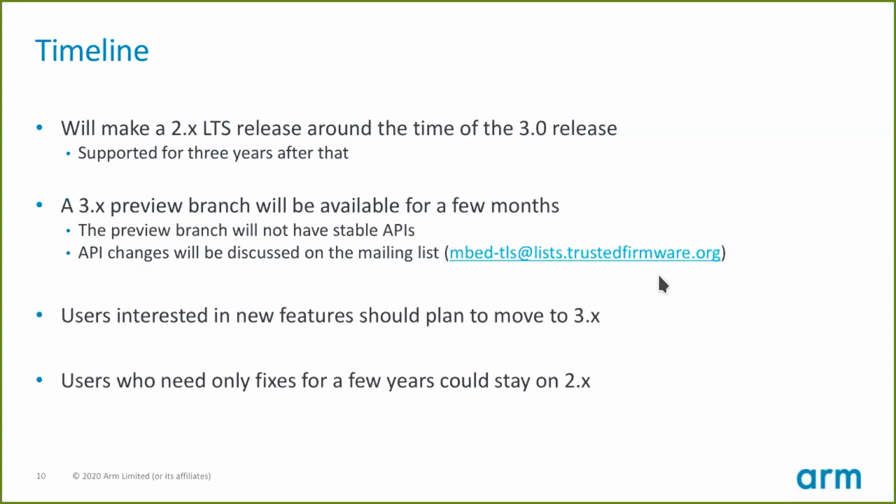When, well, Shebu has already more or less answered this. Sometime in 2021, around Q2 2021, we want to make a 3.x preview available. And I think it'll take at least 1 or 2 quarters to stabilize this branch. The point of the 3.x preview is you'll be able to see what's going on, but as long as it's a preview branch, it will still have unstable APIs.